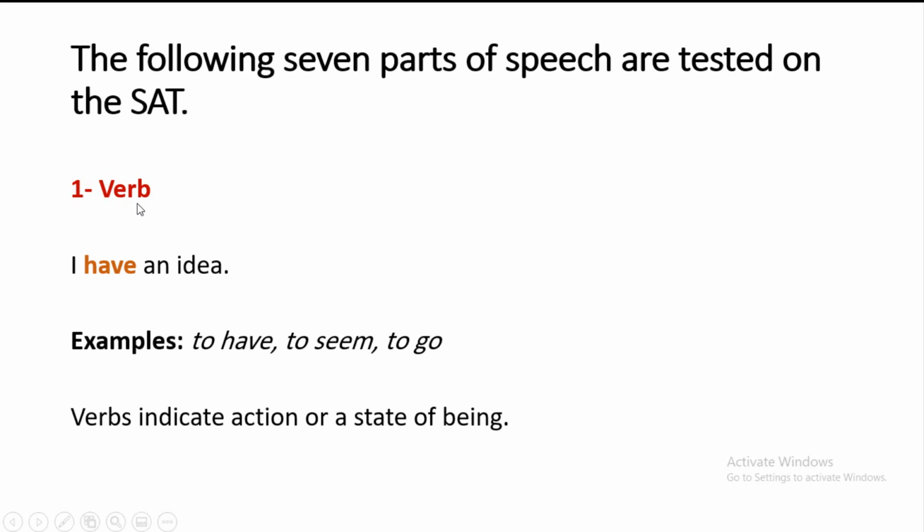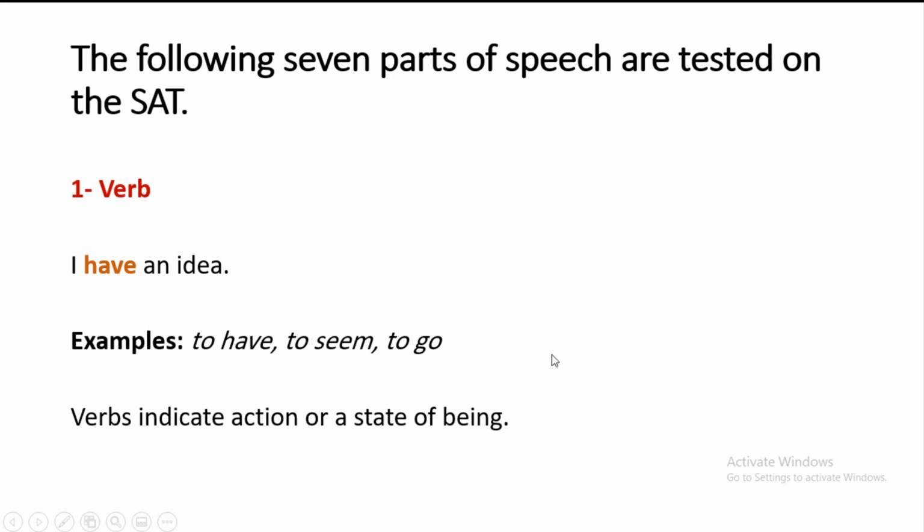The first part of speech that the SAT tests you on is the verb. Okay, so let's look at this sentence: I have an idea, right? So have is a verb. Other examples of verbs are seem, go, walk.